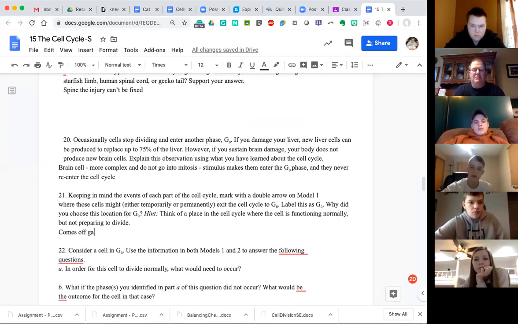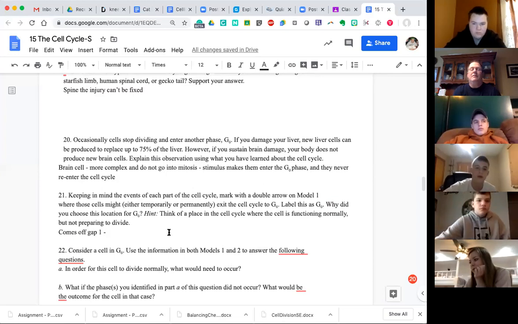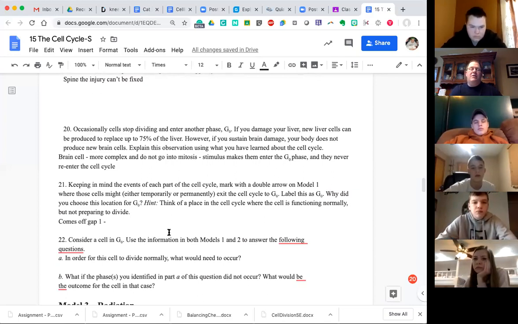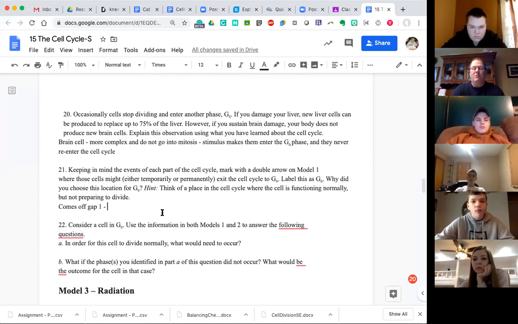Yeah, I think it did. You think about the other things that happen. It can't really come off of mitosis because the cell's already dividing. It's not going to come off of synthesis because the cell's making DNA. So gap 1 is a good resting phase of it.